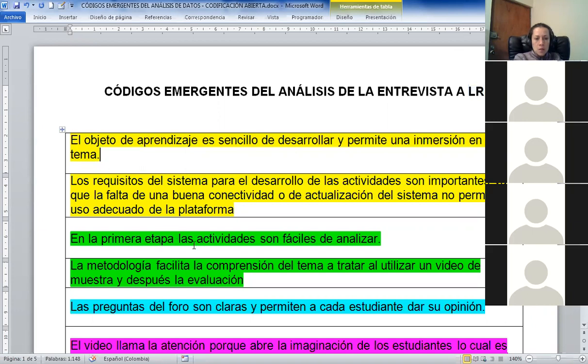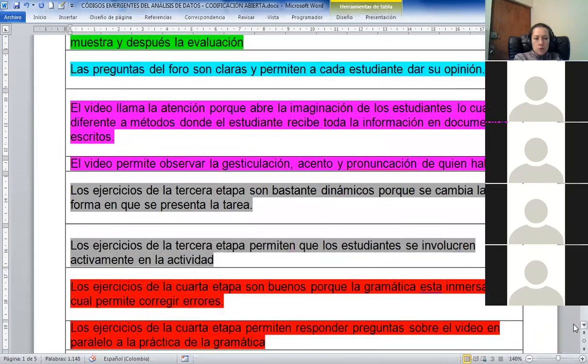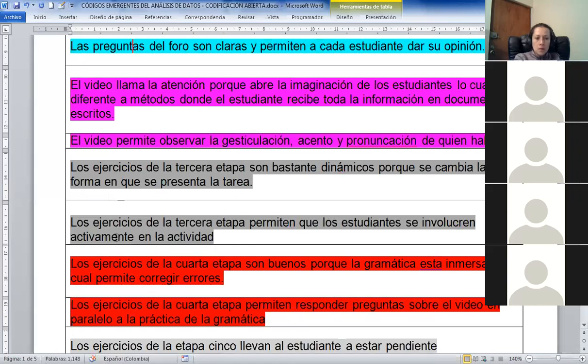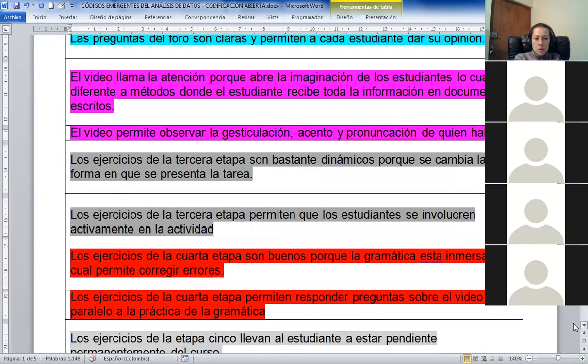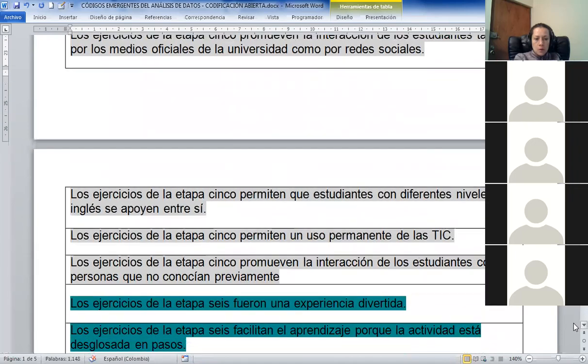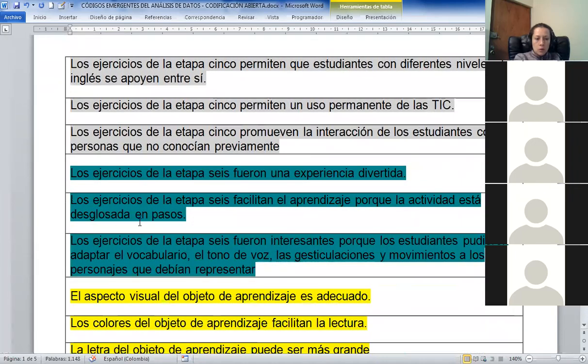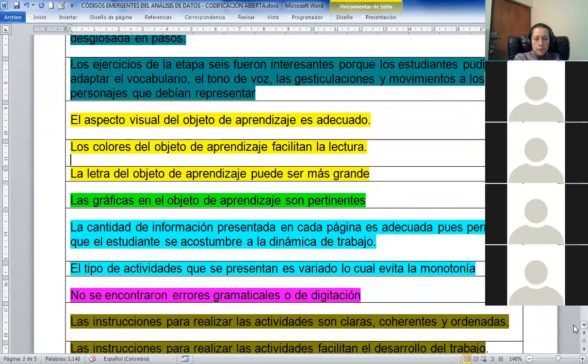activities, methodology, questions in the forum, video, exercises in stage 3, exercises in stage 4, exercises in stage 5, exercises in stage 6, visual aspects, colors and the font, graphics, the amount of information, the activities.